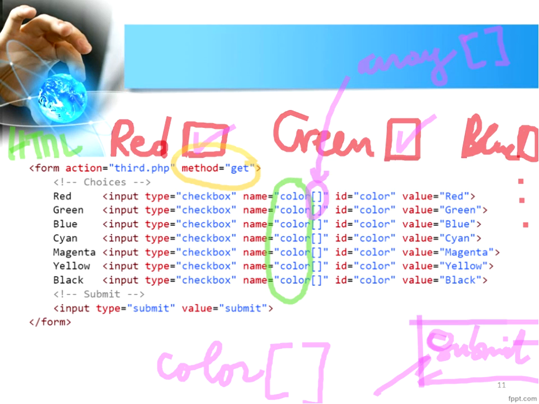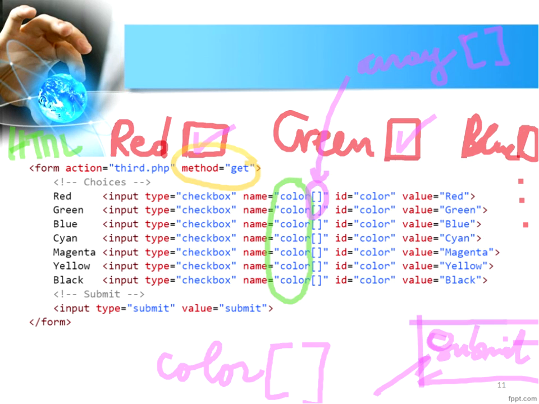Our method is get. So in the form, if I specify method equal get, in the PHP file I will use $_GET. And if my method is post, in my PHP file I will use $_POST. Is it clear? This is my first remark.